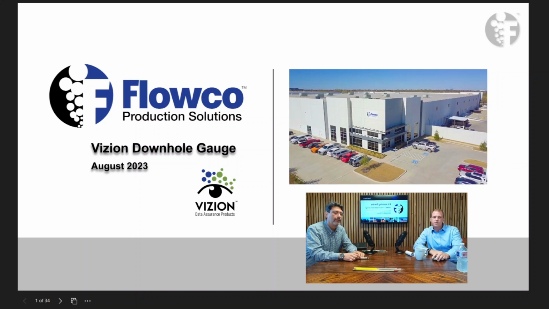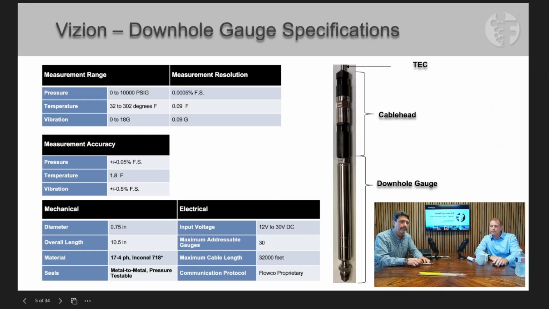We're going to talk a little bit about the Flowco Vision gauge, the specs, so everybody knows what we have available. When we talk about a gauge, this is basically a pressure transducer that we're installing downhole. This pressure transducer is collecting a couple of different components.